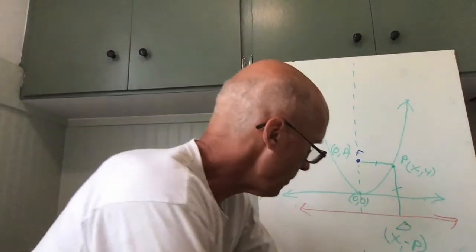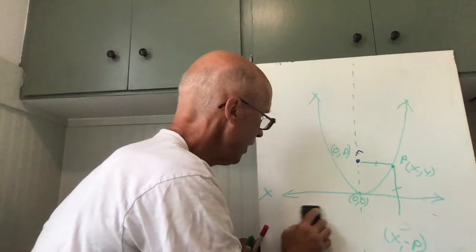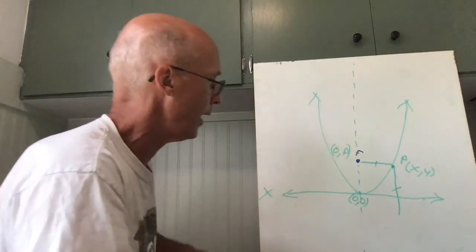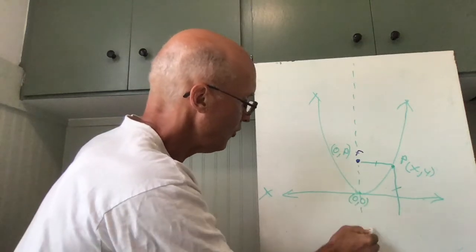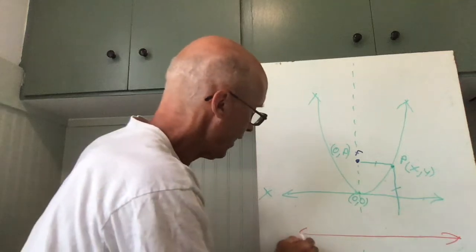So maybe to make my picture a little more accurate, let me just move this. I think if I move this down, then it won't be so confusing because it'll look right. So this is supposed to be down the same distance. Let's say it's right there. That's the directrix.